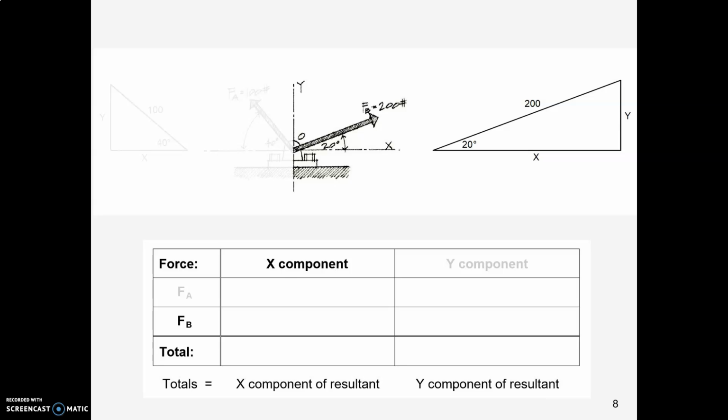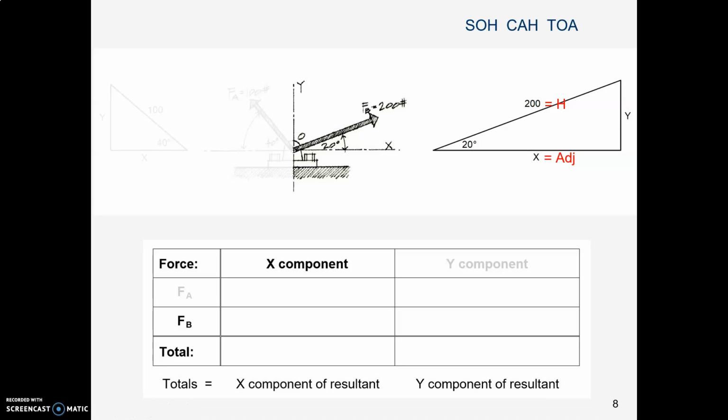Now let's do the other force, force B. That's a 200-pound force, and I've drawn the triangle for it here. It's 200 pounds long on the hypotenuse, and it's a 20-degree angle. So 200 is the hypotenuse. The X component is adjacent to the 20-degree angle.